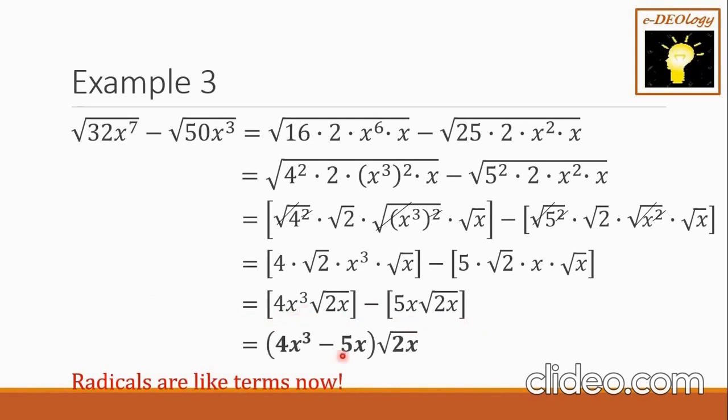So we'll now put them together, the 4x cubed, and then minus the 5x. Then we will copy the radical, the square root of 2x. We cannot combine this 4x cubed minus 5x because they are not like terms. So we'll just keep it as it is. So this expression, the quantity 4x cubed minus 5x times the radical square root of 2x is the final answer.